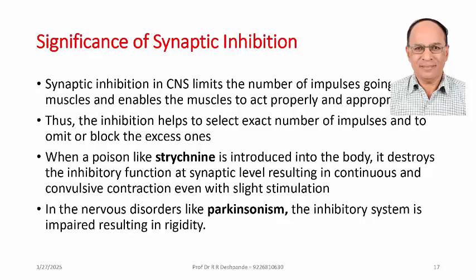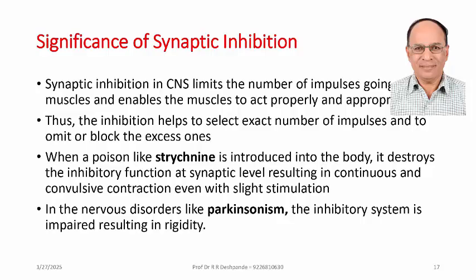Impulses going to the muscle enable the muscle to act properly and appropriately. Because if it is a bombarding, the tremors will start. In spite of the contraction, muscle will start twitching or the tremors. So twitching and tremors is abnormal. To control that contraction process, there should be also some inhibition.